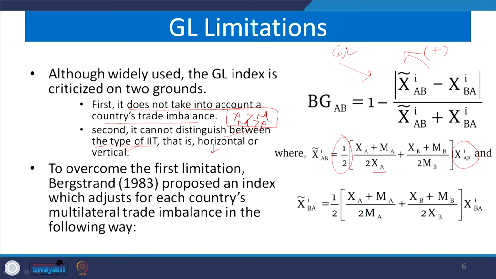Total exports of country A in the numerator, and in the denominator exports of that country plus imports of that country A, so the total trade of the country, out of twice the exports they have taken, plus the total trade of the other country B, out of their imports.